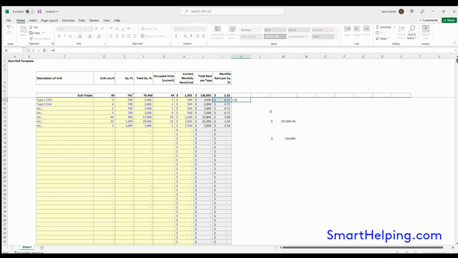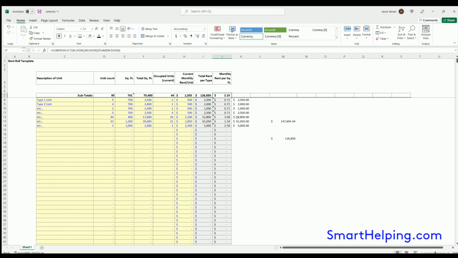Because I want to be able to multiply this times the total square foot, and this should be the total rent roll, which is 126,850. That's the right number. Now the question is, how do I get a weighted average rent per square foot?